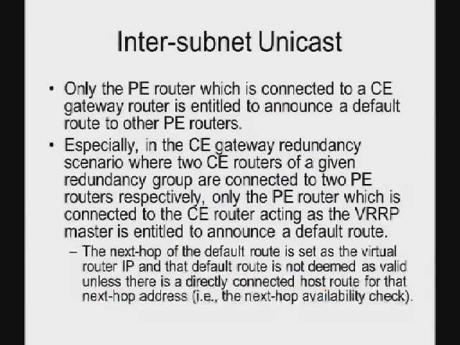We can achieve this goal in a very simple way. For example, the next hop of the default route is set to the virtual router IP, and that default route will not be deemed valuable until there is a host route for the next hop address. That's the next hop availability trick.